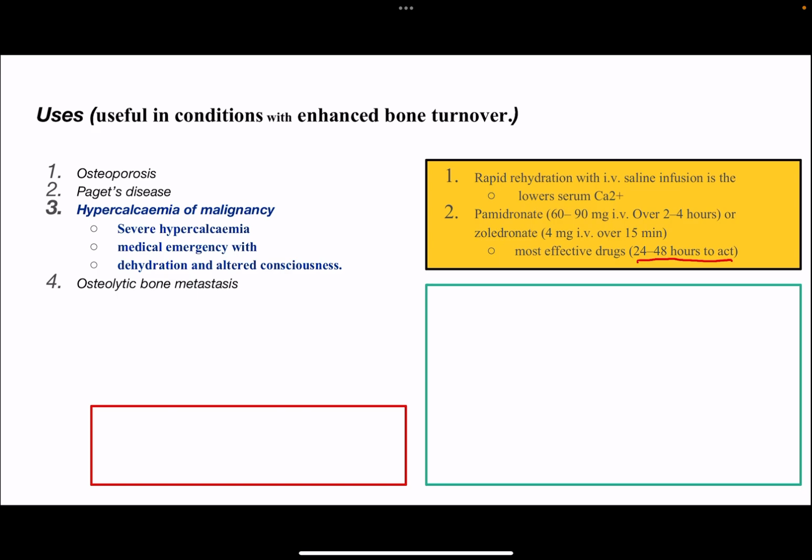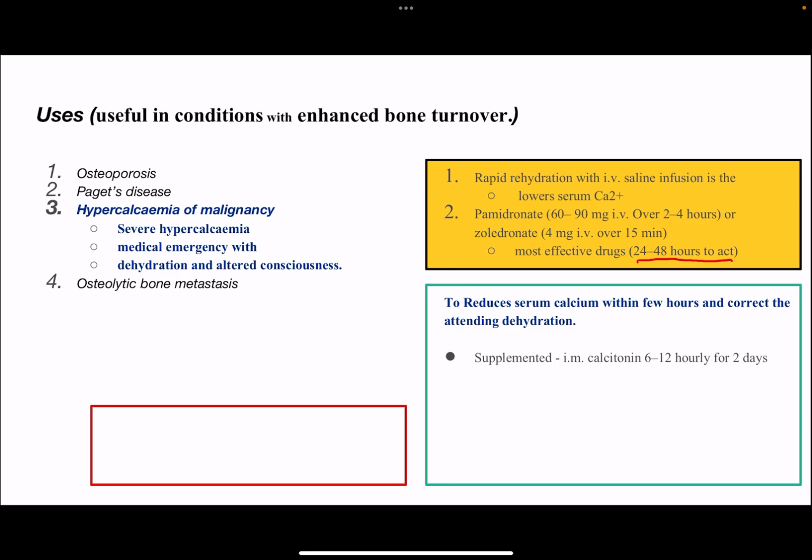So what will be the best, fastest acting drug? To reduce the serum calcium level within a few hours, you need to give supplemental IM calcitonin, which acts within 6 to 12 hours and has a very rapid action. It's a hypocalcemic hormone.